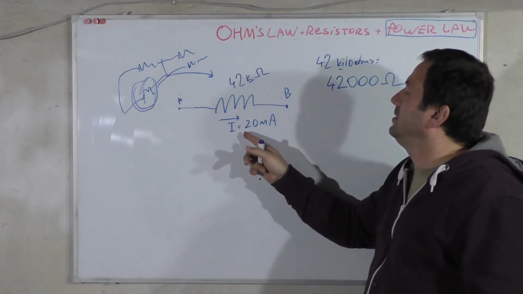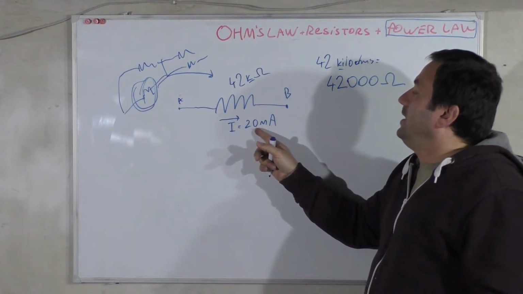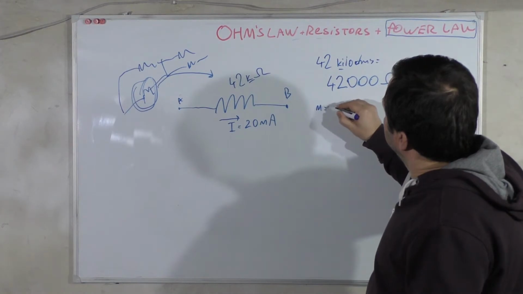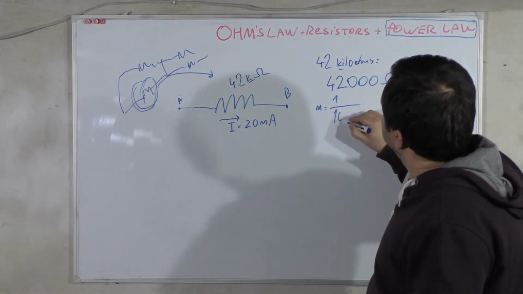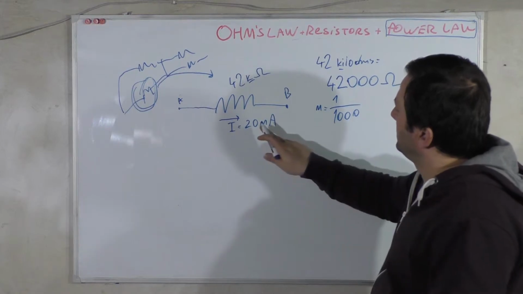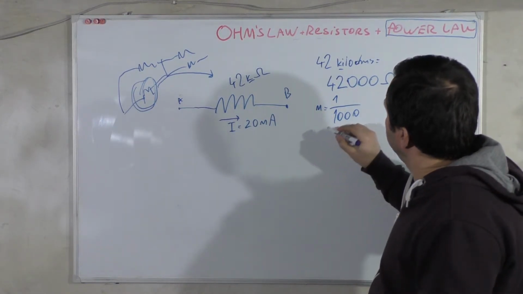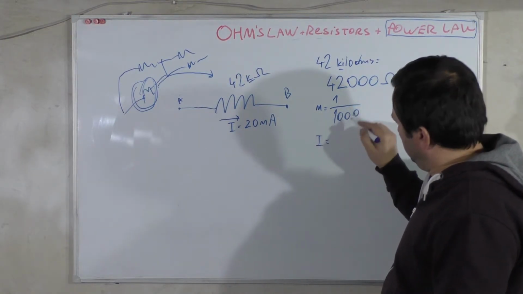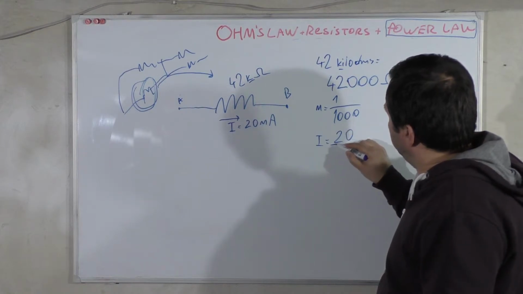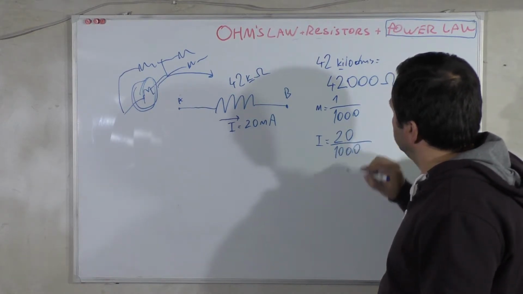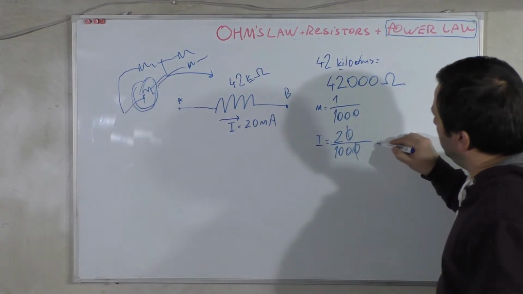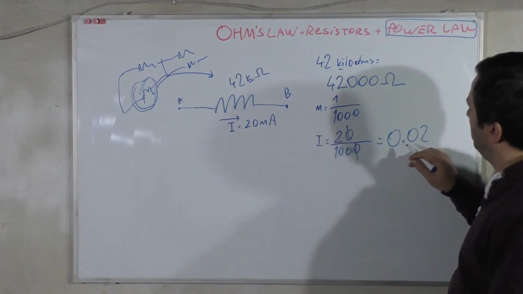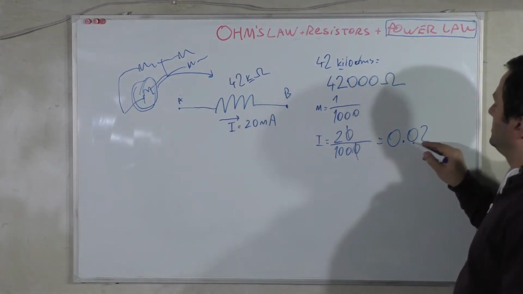And here we have a current of 20 milliamps. Milli is 1 to 1000. So our amps here, if it's 20 milliamps, is 20 divided by 1000, so our current is 0.02.